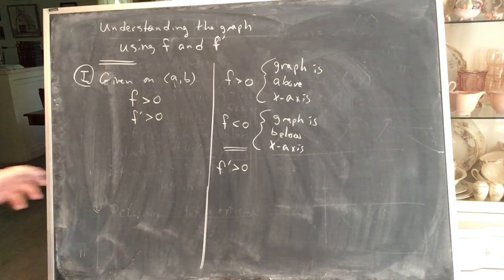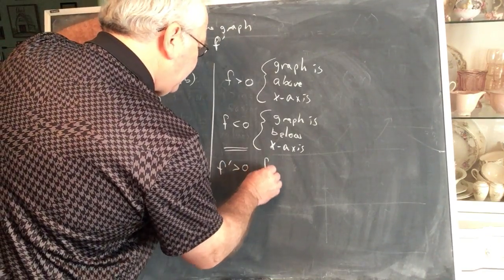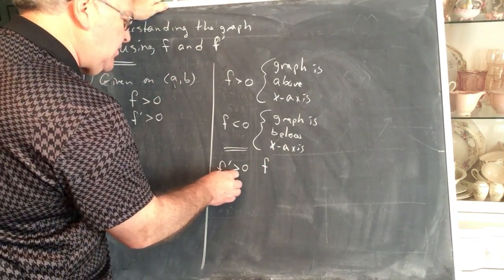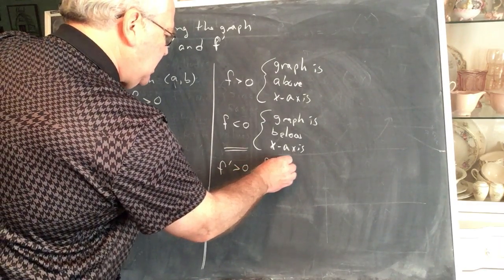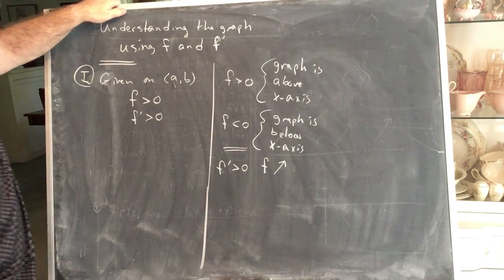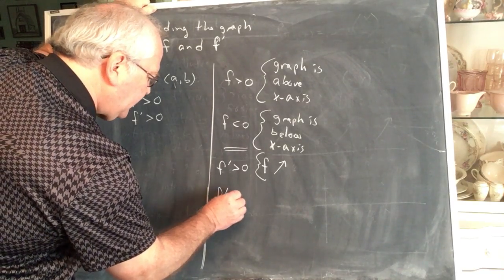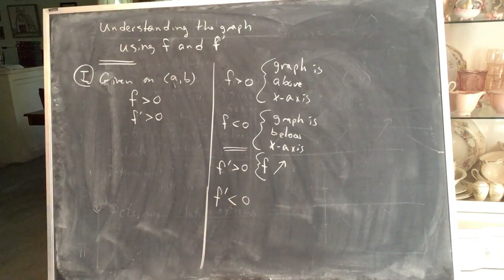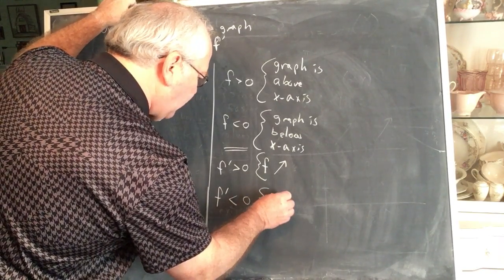The function must be increasing if the derivative is greater than 0. And if, on the other side, the derivative is less than 0, that means the function must be decreasing. The graph of the function itself must be going downhill.